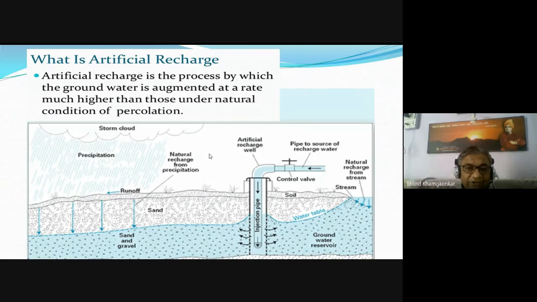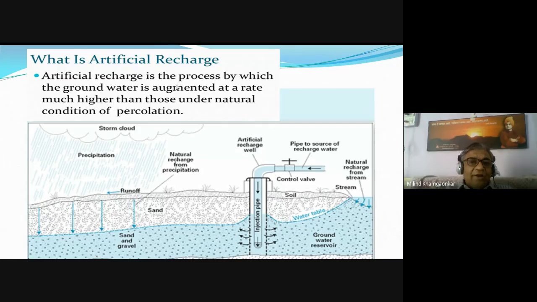Now, what is artificial recharge? It is the process by which the groundwater is augmented, that is supplied or refilled, at a rate much higher than those under natural conditions of percolation.